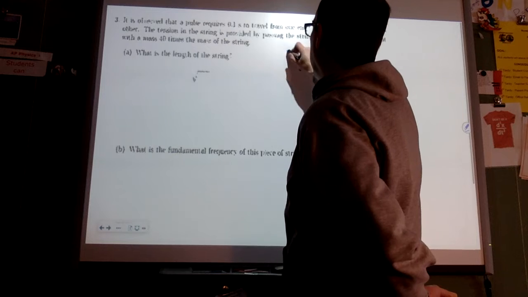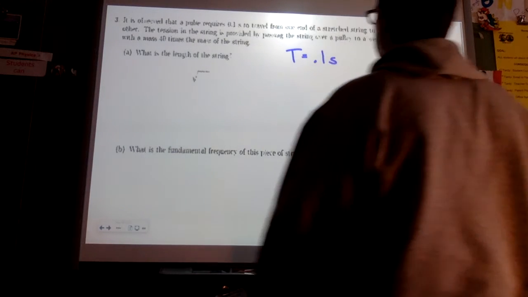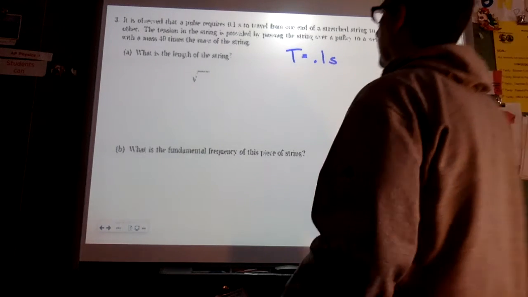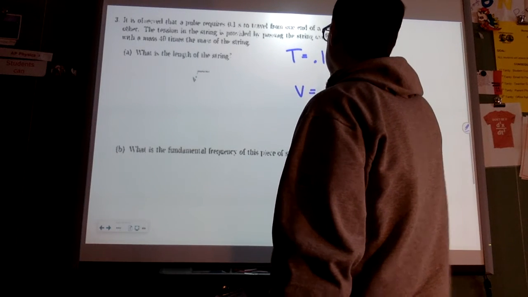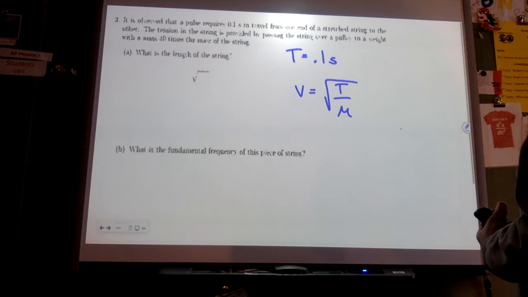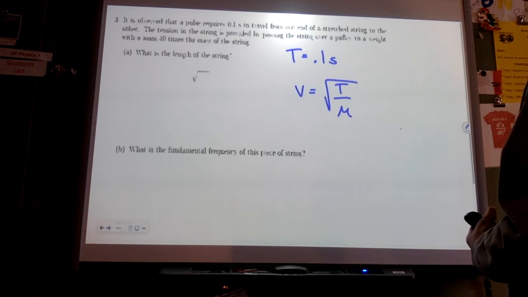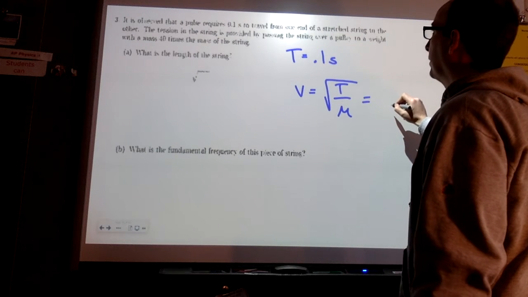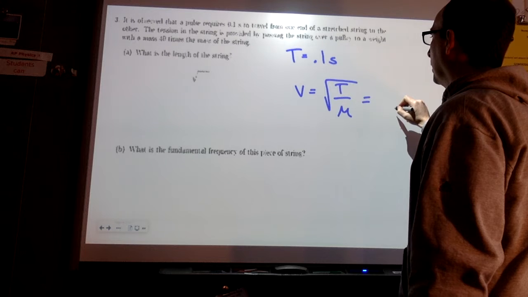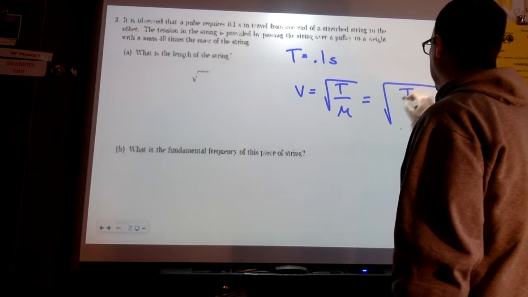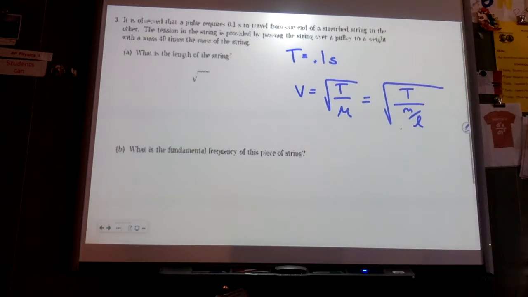Okay, so our period is 0.1 seconds. Our velocity is related to the square root of tension over mass over length.